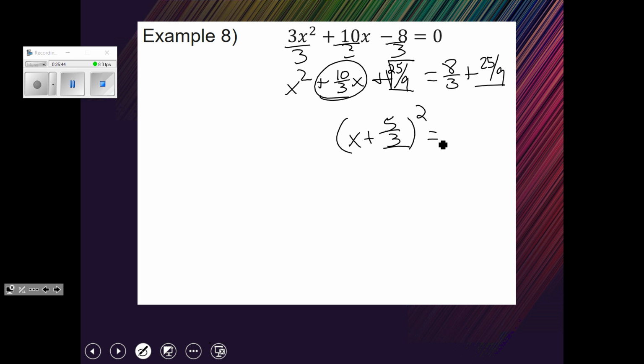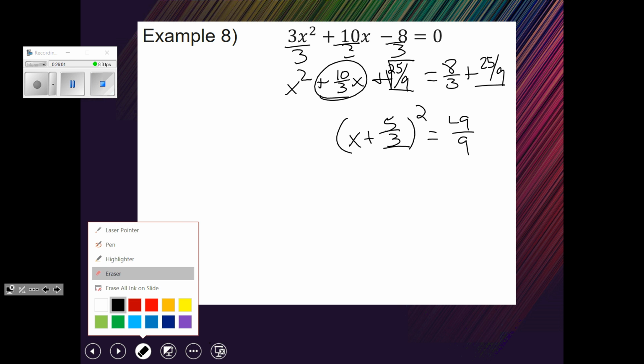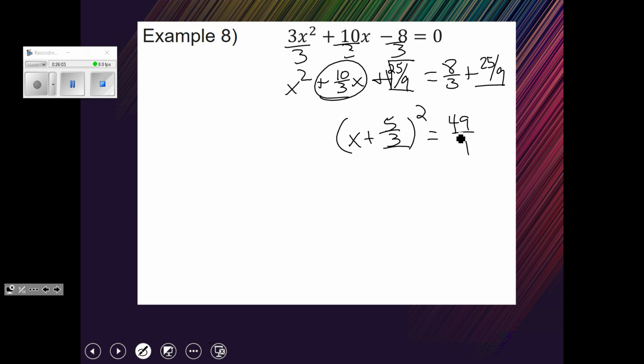And when you add 8/3 plus 25 over 9, you get, say it again? 49 over 9. Any questions so far? Does everybody understand how I get 49 over 9? And you just make sure you put parentheses around these when you add them. And then you math enter, and get your fraction.